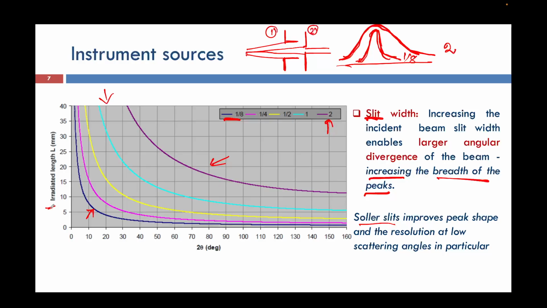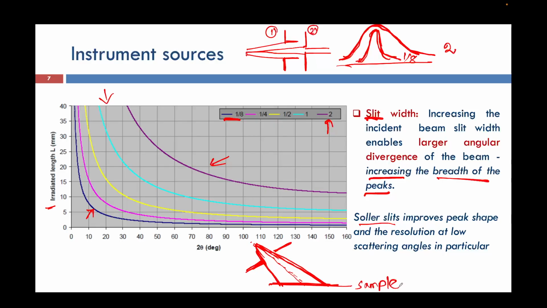So why is the irradiated volume important? Let's say I have put my peak like here and my sample is here. Ideally my ray should come like this and hit my sample in this direction. But now, due to the divergence of my X-ray beam, some will be coming in this direction, some in this direction, and this is my sample.